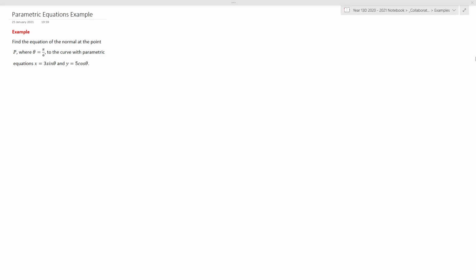So in this example you want to find the equation of the normal at the point P where theta equals pi by 6 to the curve with parametric equations x equals 3 sine theta and y equals 5 cos theta. Okay, so let's do that. We've got y is equal to 5 cos theta and x is equal to 3 sine theta. Well, first we want to find the gradient at this point. Okay, so if we differentiate, our third parameter this time is theta, so we differentiate with respect to theta.